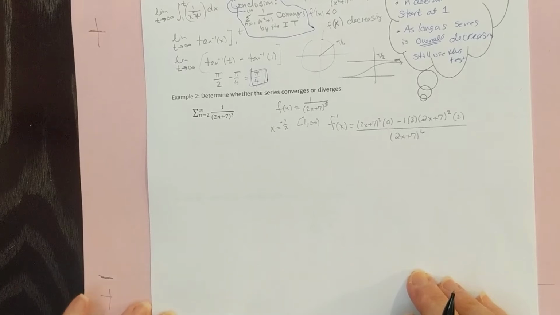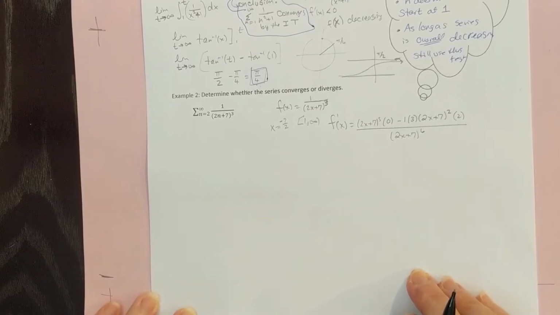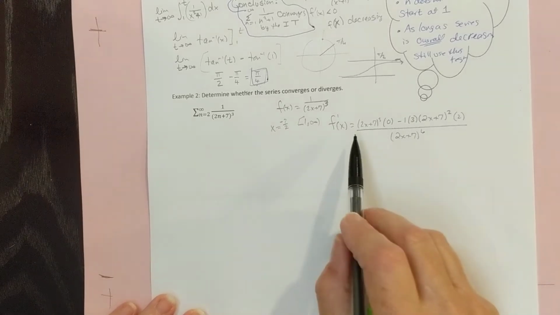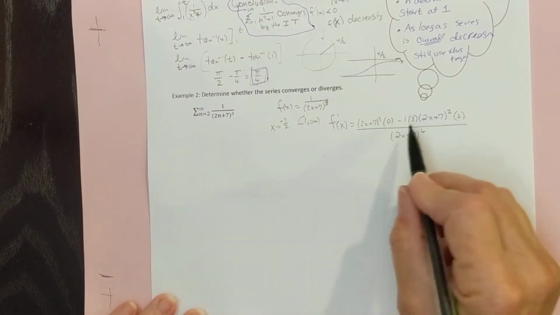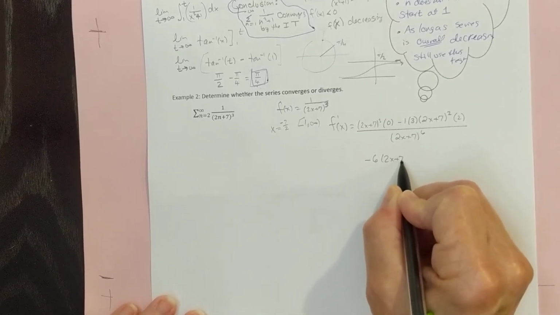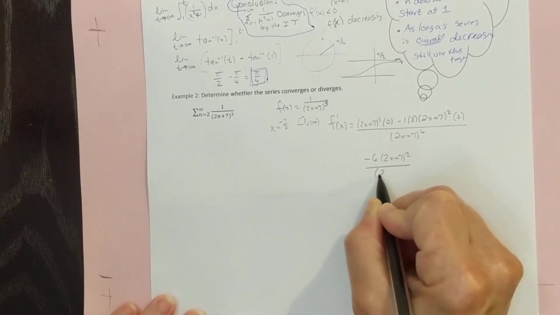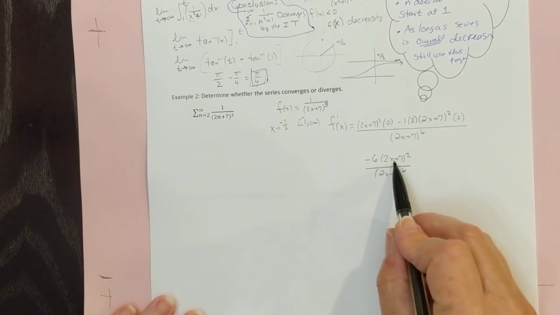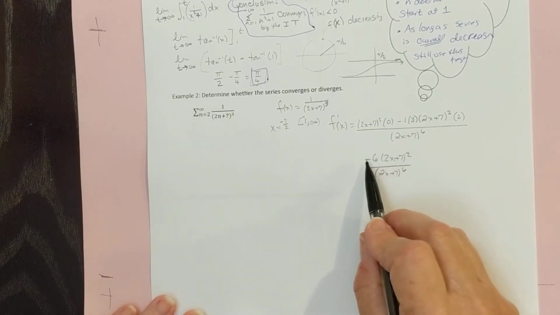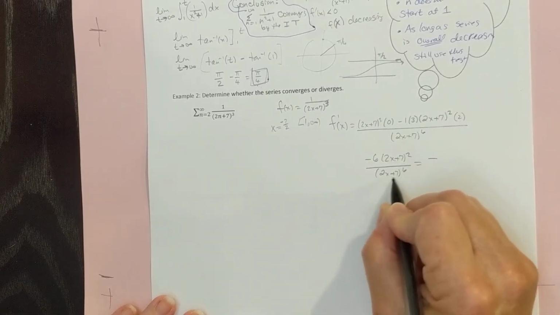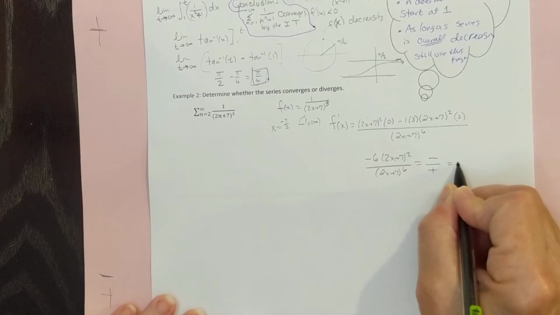This is going to be 0 minus 6 times (2x plus 7) squared over (2x plus 7) to the 6. We have something squared, which is positive, times a negative, which gives us a negative, over a positive, which means it's negative.